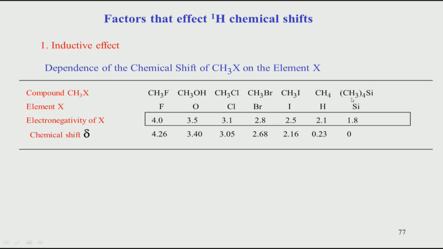We arbitrarily assign this as 0. You have to keep in mind that it is not that it does not have any chemical shift value. The hydrogen atoms in tetramethylsilane definitely have a chemical shift value, but we put it as 0. When we put that as 0, that becomes our reference, and with respect to that all other chemical shifts are calculated.